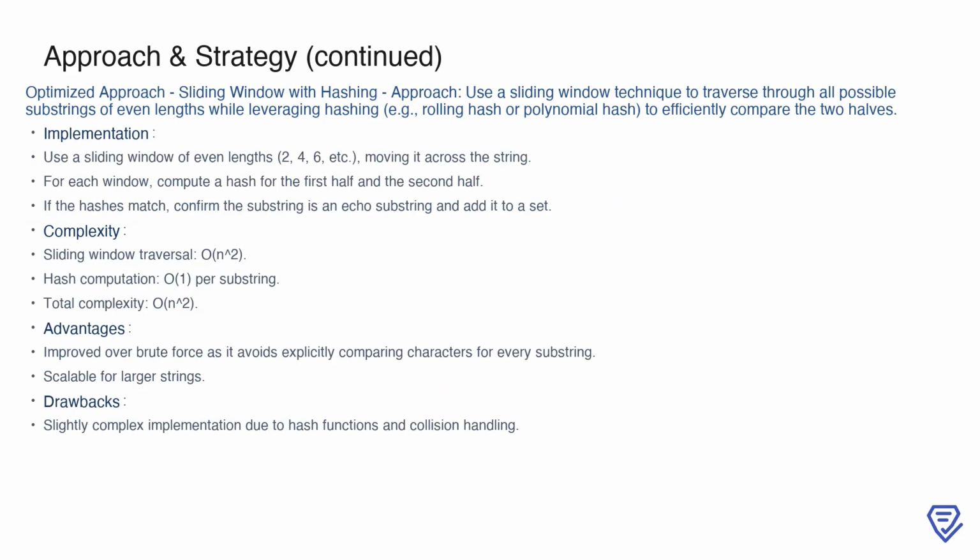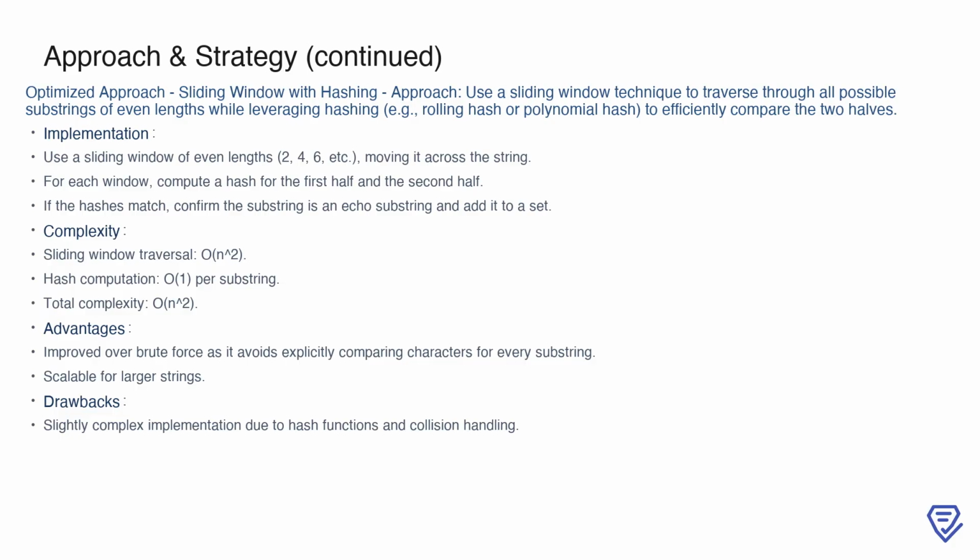To improve upon the brute force approach, a more optimized strategy involves using a sliding window technique combined with hashing. Here, we only consider substrings of even lengths, as required for echo substrings, and slide a window of these lengths across the string. Instead of directly comparing substring halves character by character, we compute and compare hashes for the two halves of the current window.